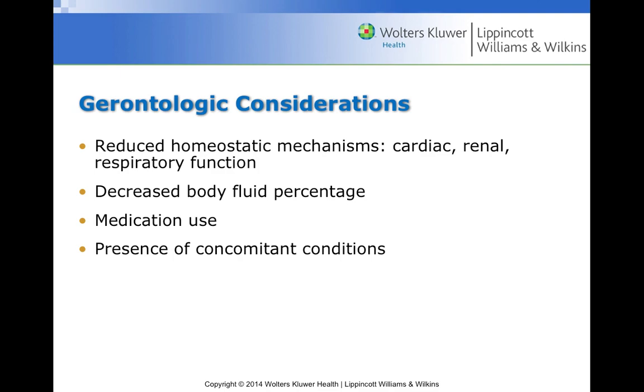Major functions of the kidneys in maintaining normal fluid balance include regulation of the ECF volume, regulation of normal electrolyte levels in the ECF, regulation of pH of the ECF by retention of hydrogen ions, and lastly, excretion of metabolic waste and toxic substances.